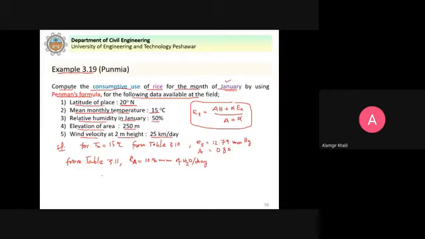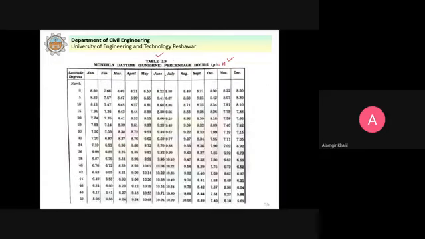Next we have from table 3.9. In table 3.9, we can estimate the value of the small n, that is taken as equal to P. So we have the latitude, that is 20° N. This is the north, and we have this 20° here.